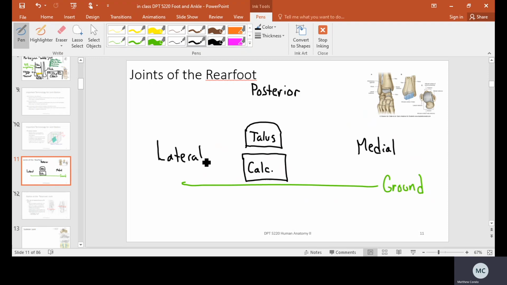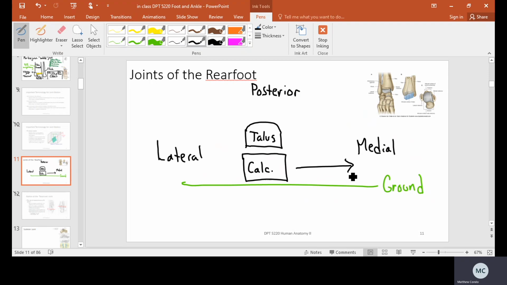When I am performing open chain inversion, what direction does my calcaneus travel? Medial or lateral? Does it go inside or outside? Performing inversion goes medial, right? So my calcaneus is going to travel medial.